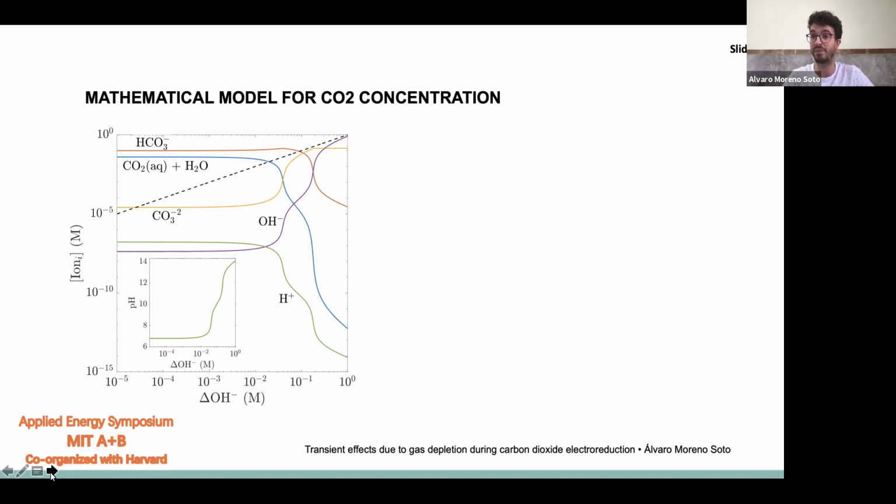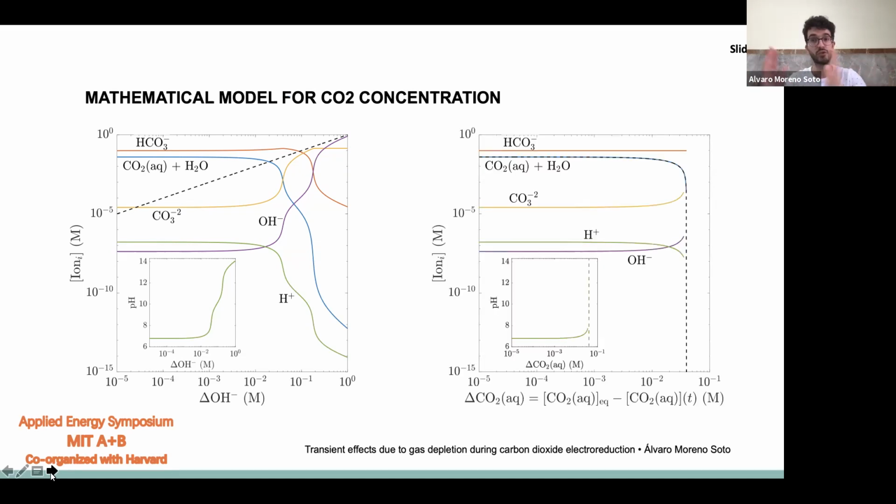When the reaction is happening, because hydroxide ions are released every time we convert CO2 into other products. So during the reaction, there is an increase in the hydroxide ion concentration, and that's going to affect all the different equilibrium concentrations of other ions as well, in parallel with the decrease in the concentration of carbon dioxide. And that's going to affect the overall pH measurement of our solution.